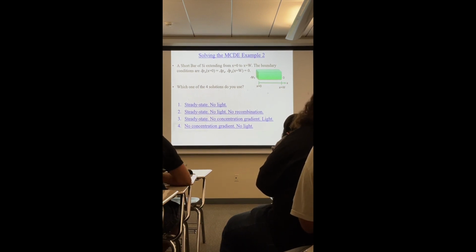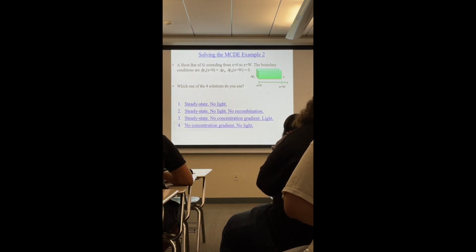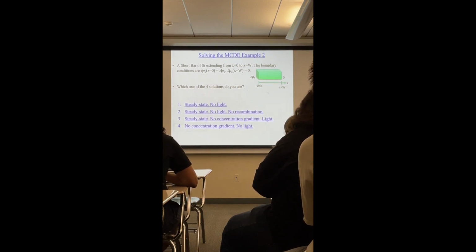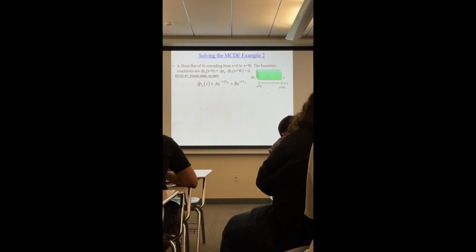And by default, there's no light, and by default, there is recombination. So which one should we choose? Yes, we still use the first one: steady state, no light, and this is a general solution.